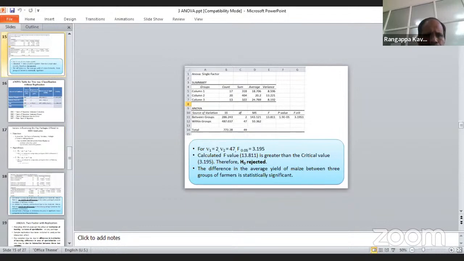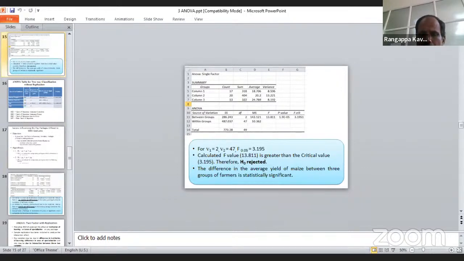You could observe the average yield of maize across non-adapters, partially adapters, and fully adapters. I'm sorry, the average value is 18 quintals among non-adapters.